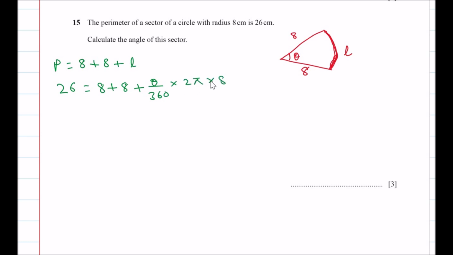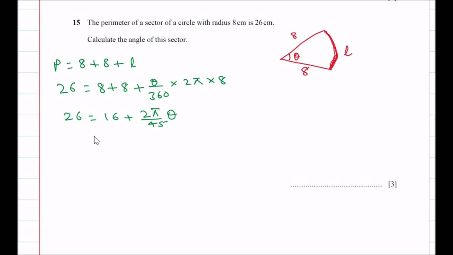R is 8. So we'll write like this. Now 26 is equal to 16 plus, if you simplify this, we get 2 pi by 45 theta.